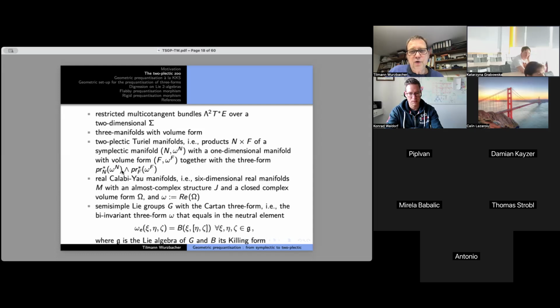This is non-degenerate because it's semi-simple, so the derived algebra is the algebra. And it's closed because this is ad-invariant, and then you push it from the left. It's automatically also invariant from the right. And the bi-invariant form is always closed. So it's a closed three form, which is non-degenerate because you check it in the neutral point.